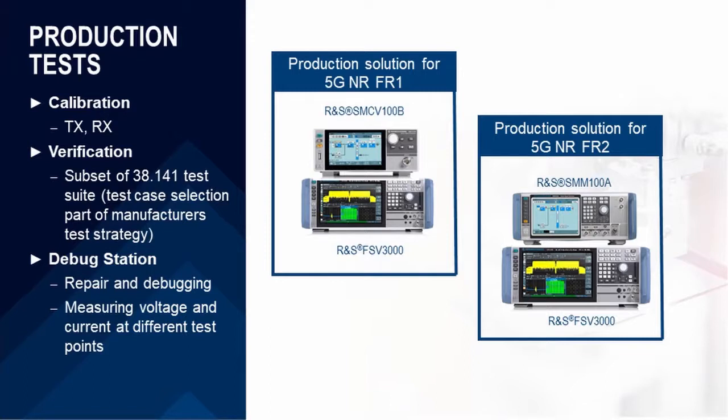So this is a two-box solution, and likewise we have the SMM 100A together with FSB 3000 series spectrum analyzer for the FR2, and this is a two-box solution. As I said, many of these tests on the production line depends on the manufacturer's test strategy.